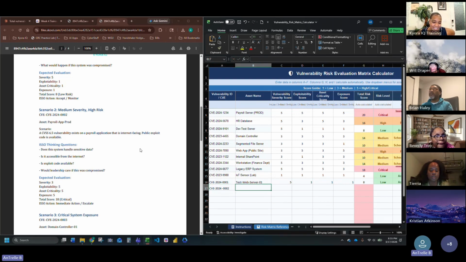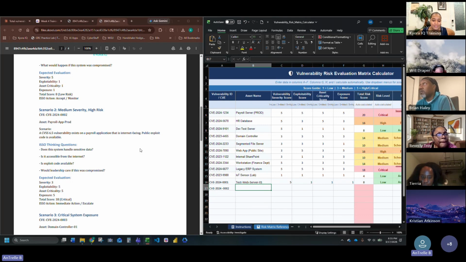All right, so scenario 2, medium severity, high risk. This one is the payroll app prod. So we're talking production, which already is a little bit scary, and payroll. It's a payroll application, so it has sensitive data. It's internet facing. Let me start at the beginning.